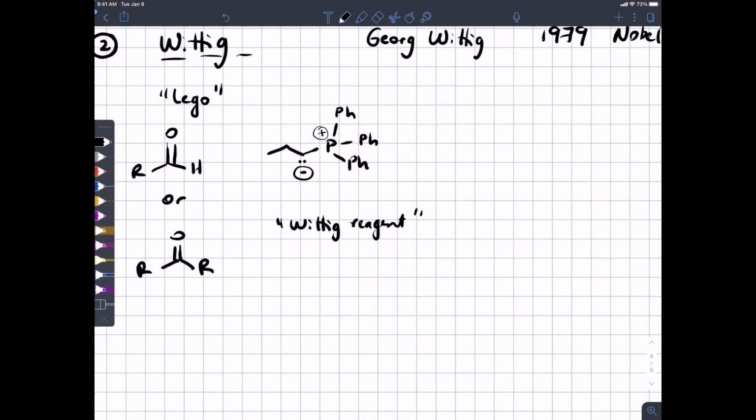We'll talk about how to make the Wittig reagent, but what happens is you replace the carbon-oxygen pi bond with a carbon-carbon pi bond. Where stereoisomers are possible, you get both. And then the other byproduct is, this is where the oxygen goes. The oxygen from the ketone goes with the phosphorus.